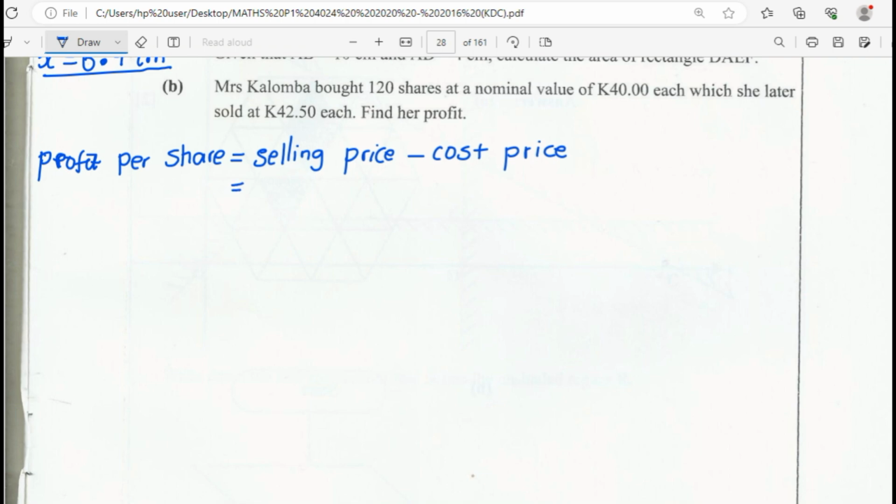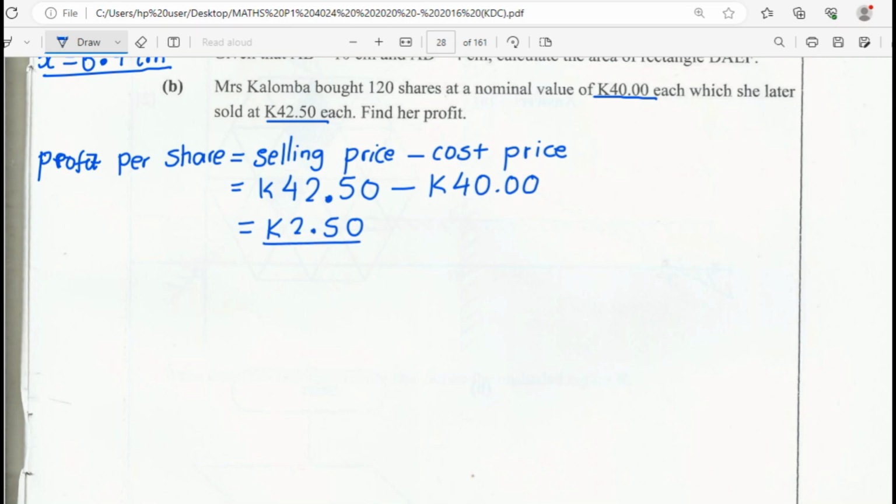So the selling price is this number, which is 42.50, minus our cost price, which is 40. Then what is 42.50 minus 40? This will give us 2.50 or 2.5.